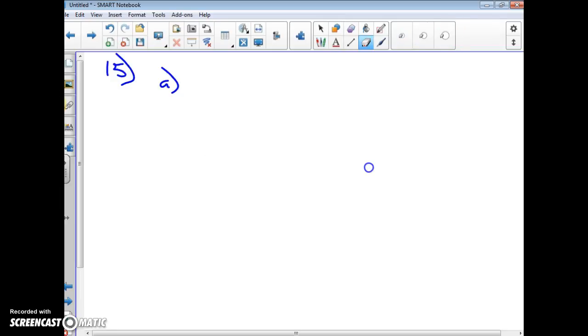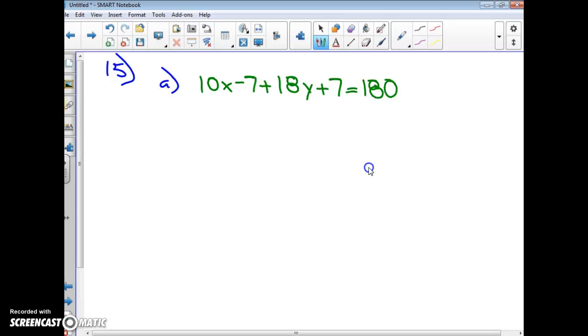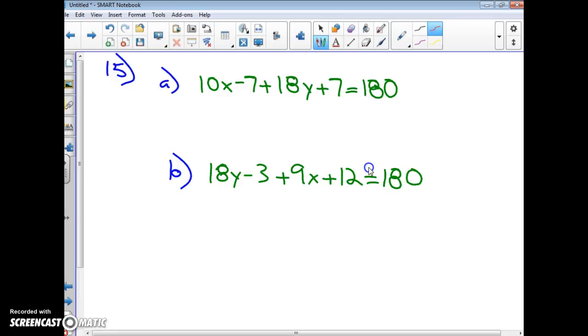The first one I'm going to set up is 10x minus 7 plus 18y plus 7 equal to 180. The next one I'm going to set up is 18y minus 3, that's one angle, plus 9x plus 12 equal to 180. Now I'm just going to use my answer choices to see which one works.